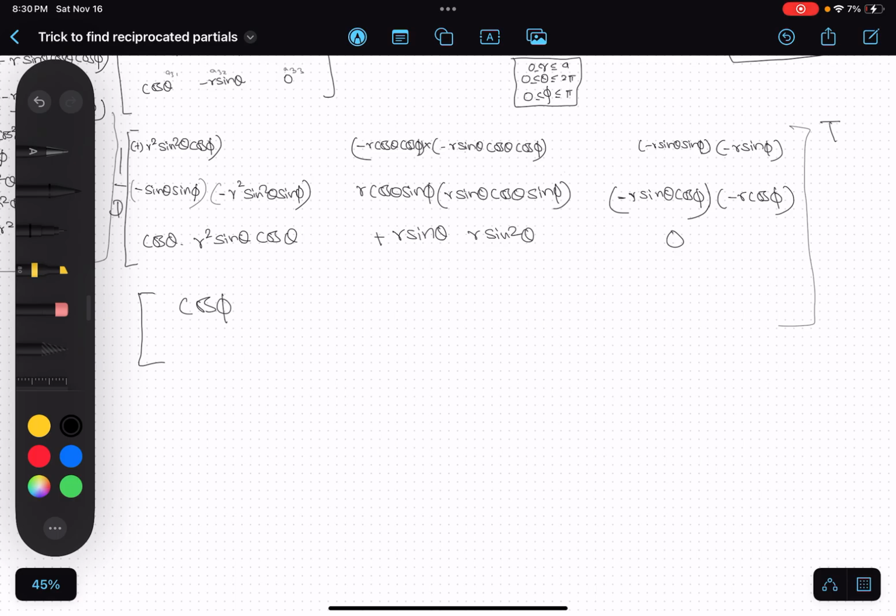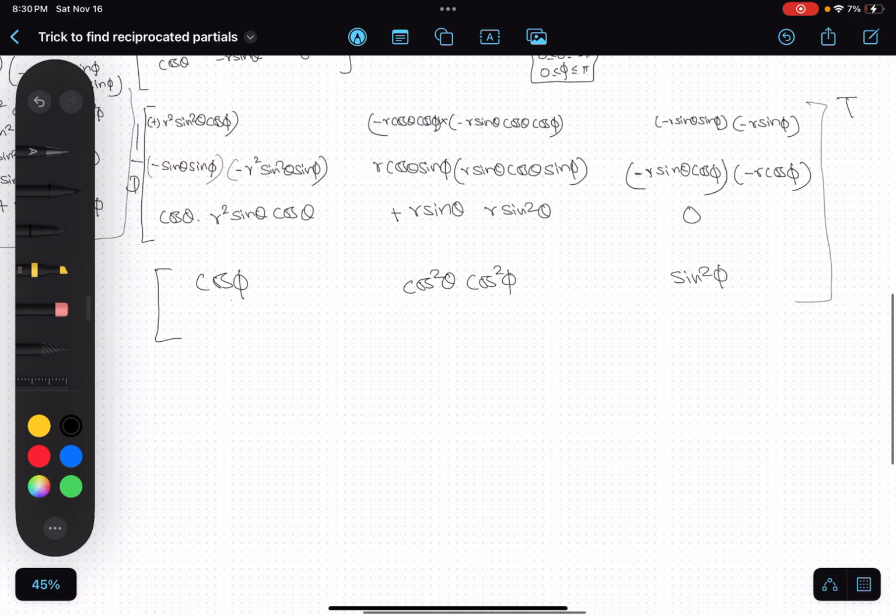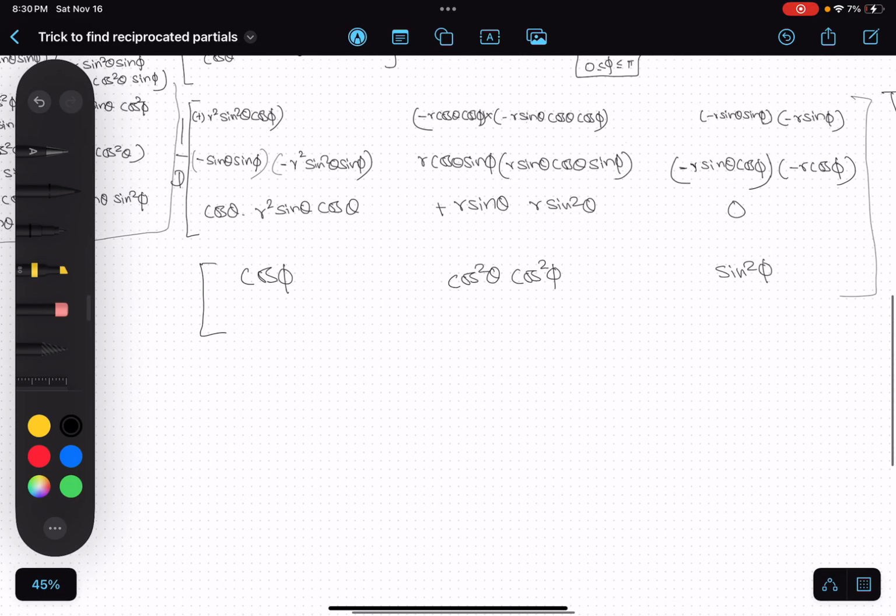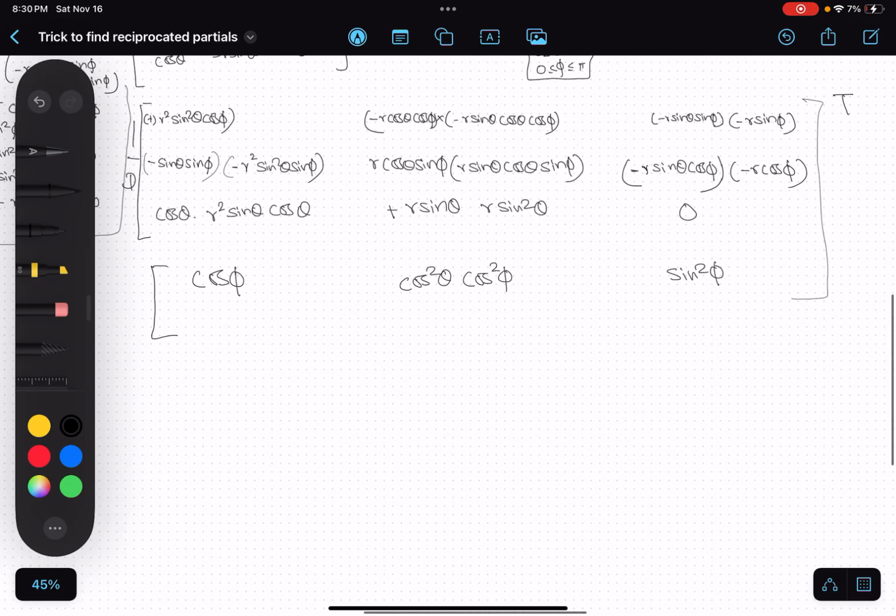If I remove that, we will still have cos square theta cos square phi. That's a lot there. Now if I remove, that's just sin square phi, right? And that's just r square sin theta, right?